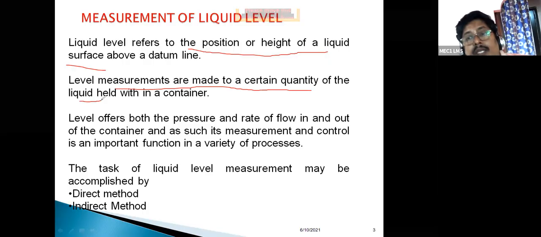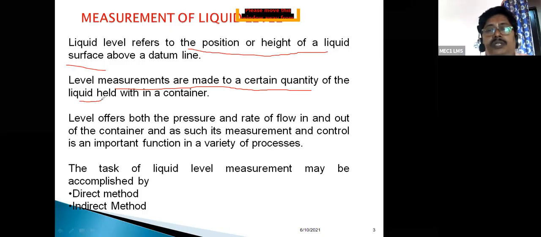For example, in a tank, if 1 meter is filled, means 1 meter of height is filled with water, then we can say that a certain quantity of liquid is held in the tank, or held in the vessel or held in the container. So quantity, who can relate it with the quantity?